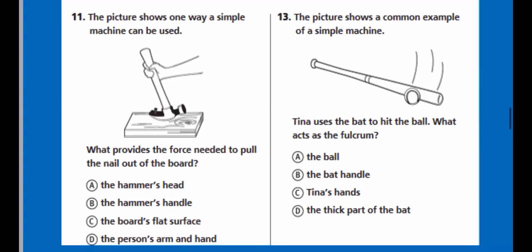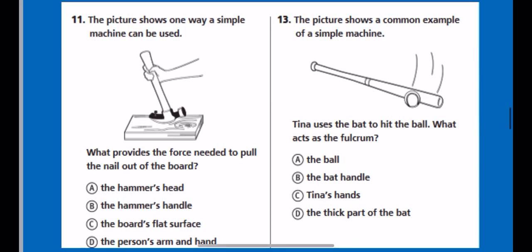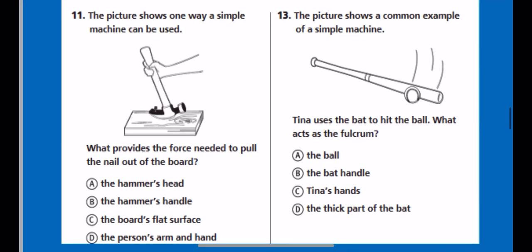So, question number 11. The picture shows one way a simple machine can be used. I see a hammer. Okay, what provides the force needed to pull the nail out of the board?